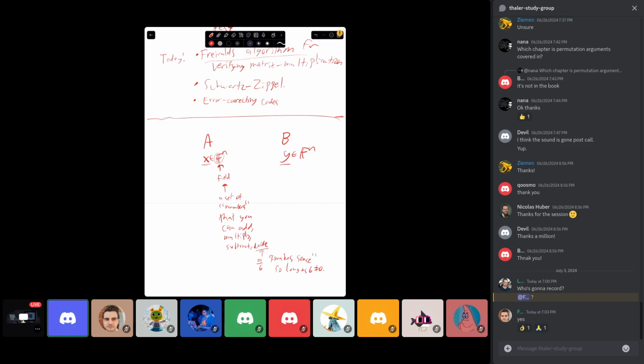And so Alice's vector is just n field elements. Bob's vector is also n field elements, and their goal is to determine whether x equals y, if they're the same vector. And the challenge here is Alice doesn't know y and Bob doesn't know x.